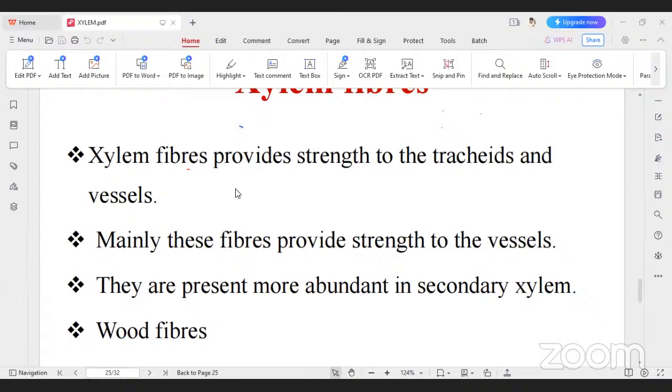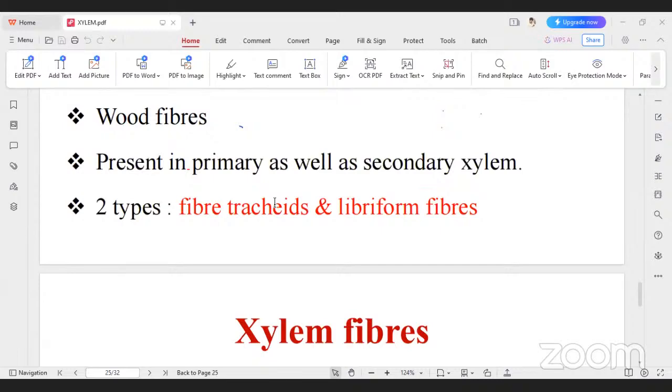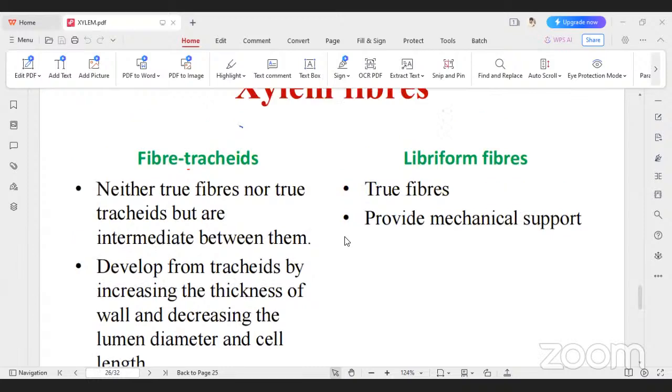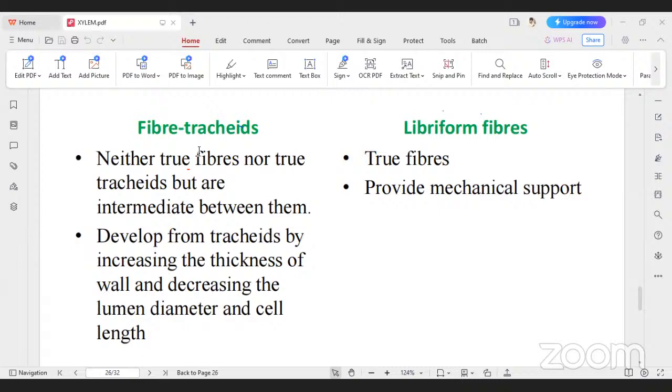Now the xylem fibers are already completed. They provide strength to the tracheids and vessels. Fiber tracheids and libriform fibers are also completed. Just a brief difference between fiber tracheids and libriform fibers. Fiber tracheids are not true fibers, not true tracheids. As I told you in the beginning, these are intermediate type fibers, intermediate between fibers and tracheids.